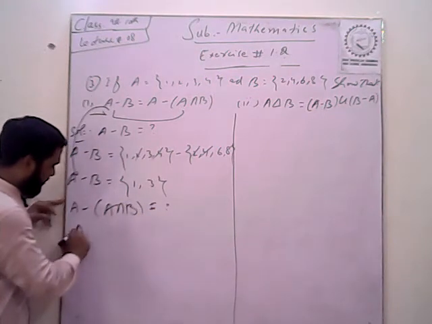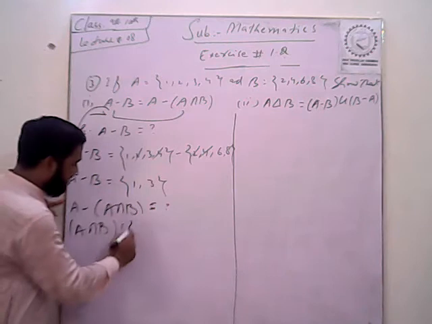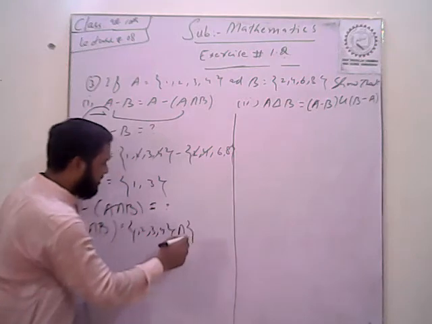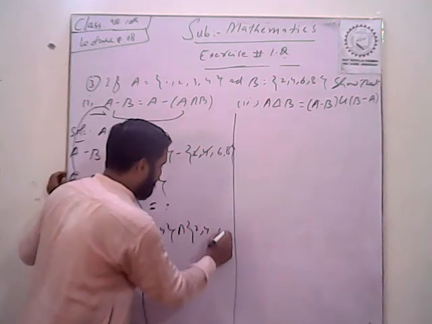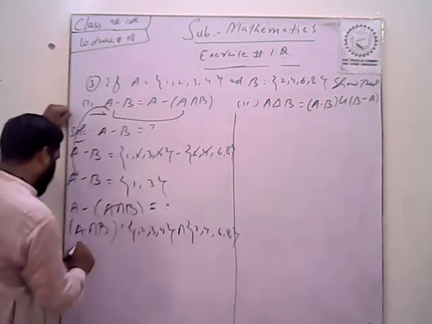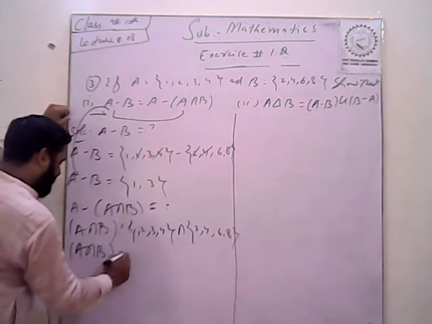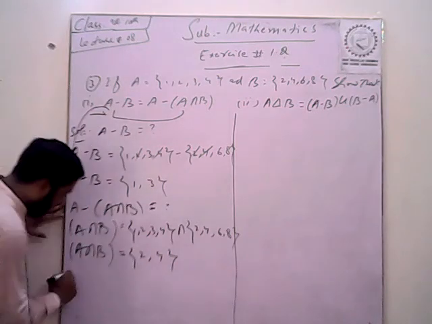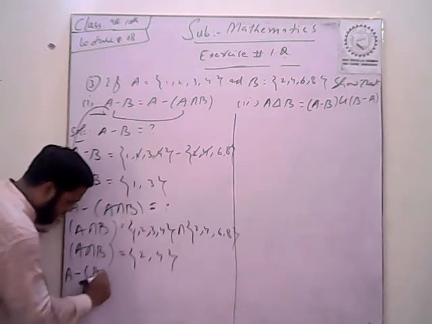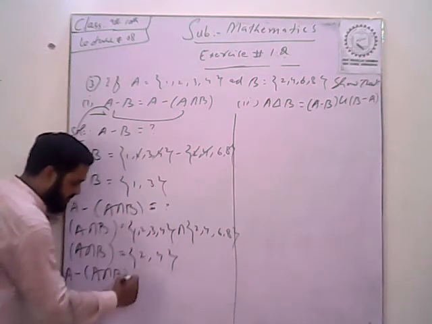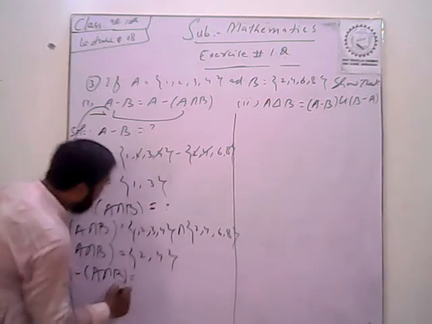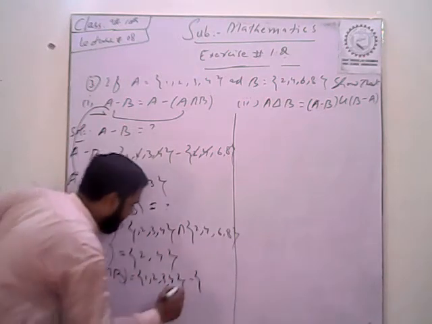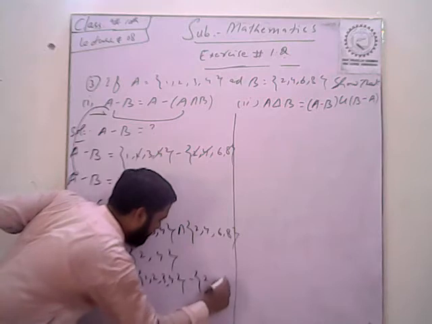First we find A intersection B. A is equal to 1, 2, 3, 4 and B is equal to 2, 4, 6, 8. The intersection of the two sets is 2 and 4. Then for A difference A intersection B, we subtract these values from A. A is equal to 1, 2, 3, 4, and we subtract 2, 4, the intersection of the two sets.